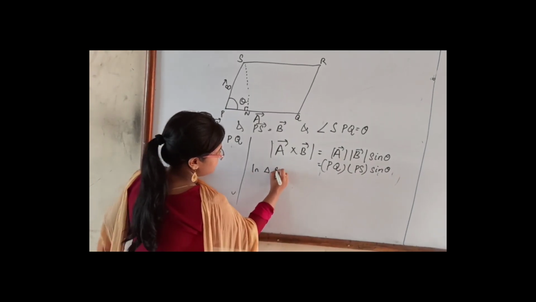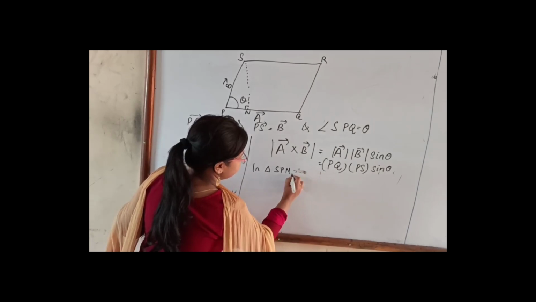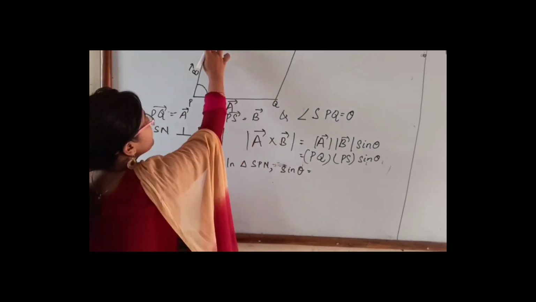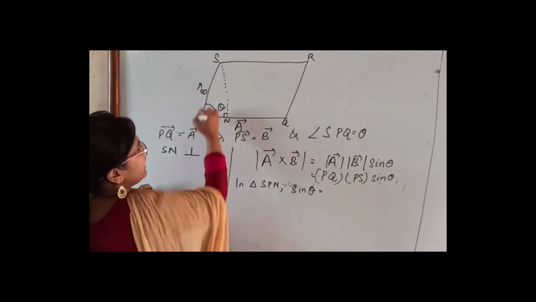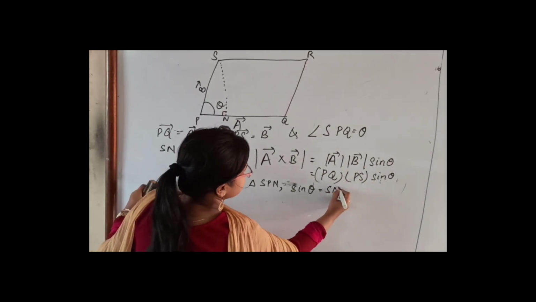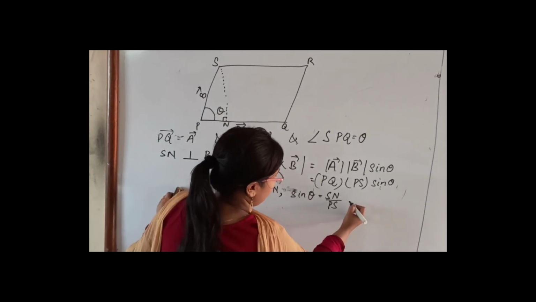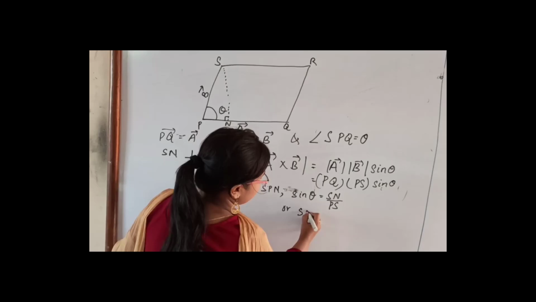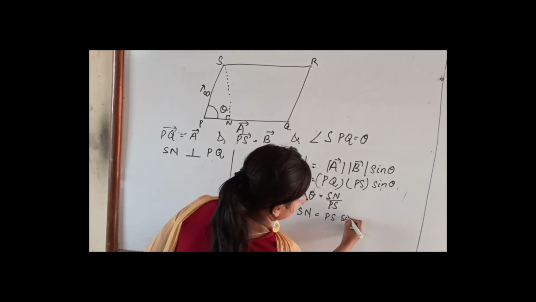In triangle SPN, sine theta is perpendicular by hypotenuse, that is SN by PS, or SN equals PS sine theta.